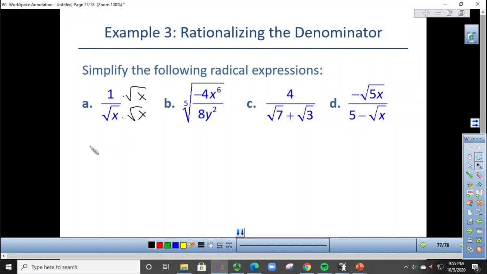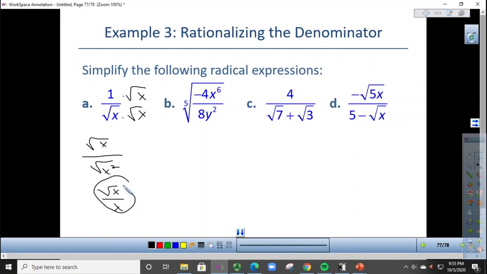So this just becomes the square root of x over the square root of x squared. Well, x squared can be evaluated to the square root of x over x. And now we're done. And you can't simplify, because the square root of x is not the same as x, right? And if you want to check it, just give x a value. If we said x was 4, the square root of 4 is not the same as 4. So this answer would be 2 over 4, which would just be a half.